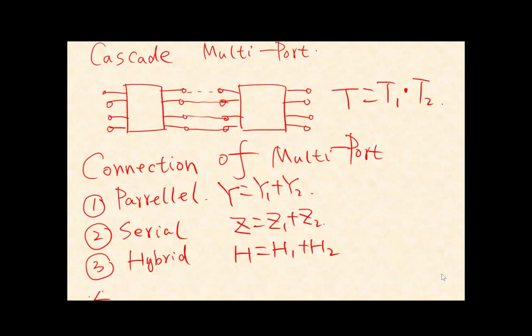And then the cascade: use T to express, T1 multiplied by T2. So we have a total of 4 kinds of connection for the multi-port network, also for the 2-port network.